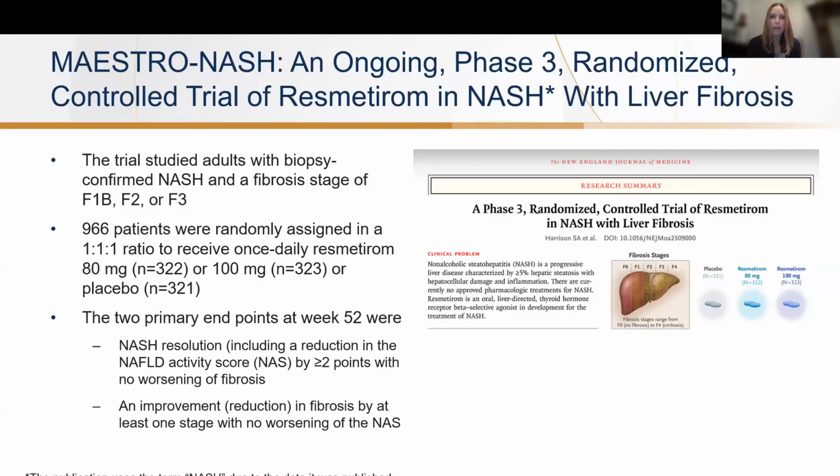So the score is a composite of histologic observations used for assessment of disease severity in NAFLD. They look at steatosis as well as lobular inflammation and hepatocyte ballooning. So it's basically taking the sum of all 3 of these.